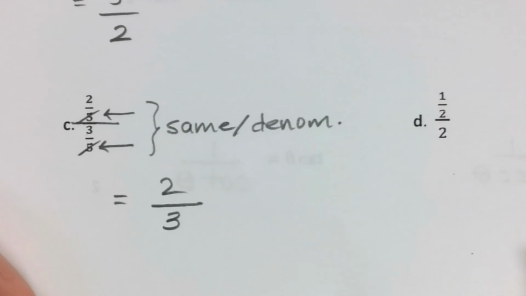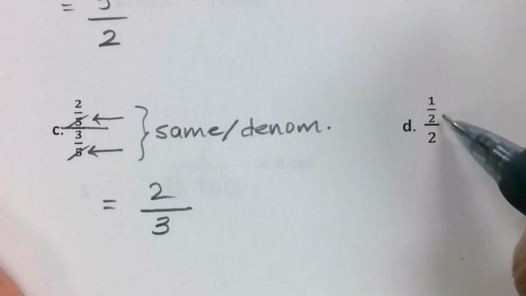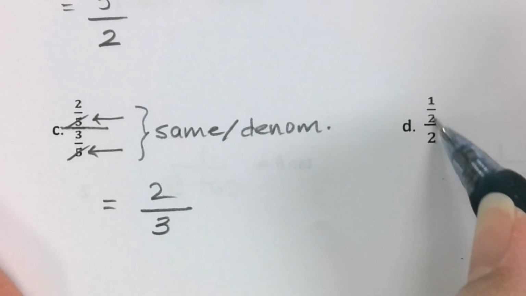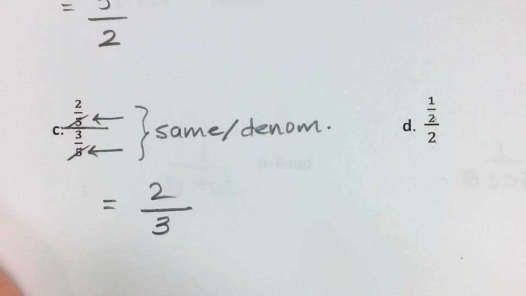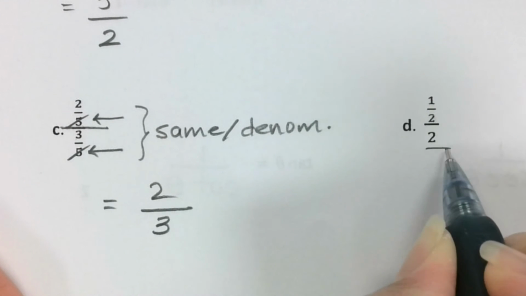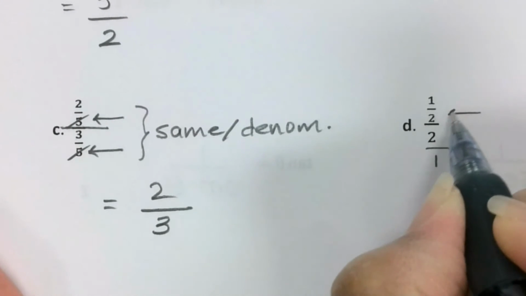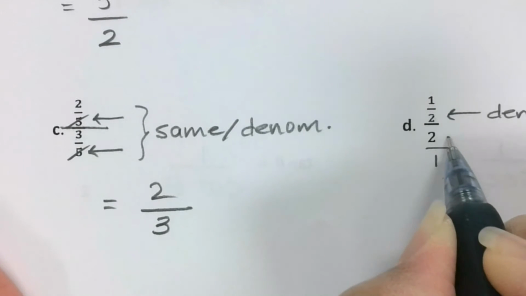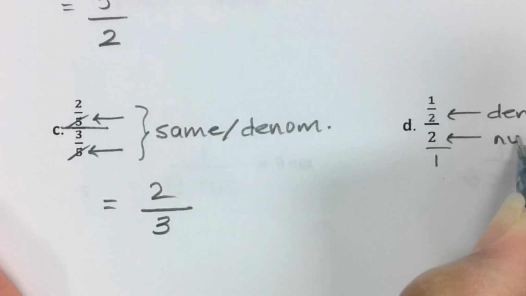But be quite careful, because sometimes this can mislead you to think that these both are in the denominator, when indeed they are not. If you rewrite this whole number as a fraction, you will notice that this 2 is in the denominator and this 2 is in the numerator.